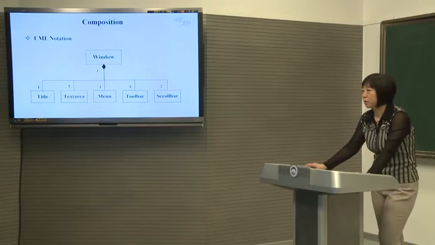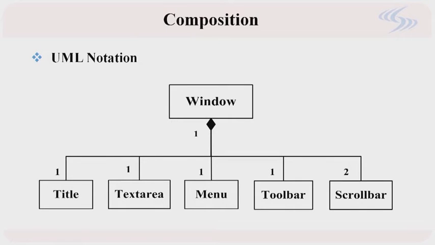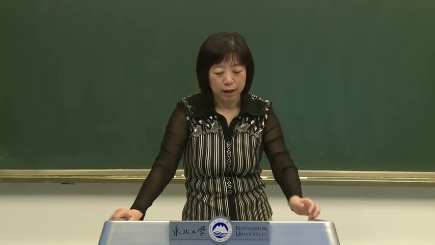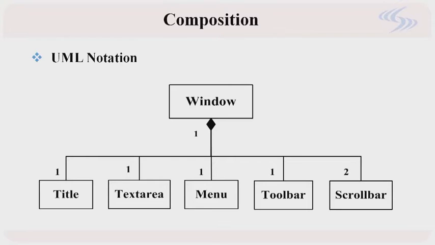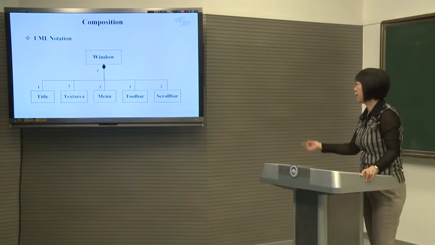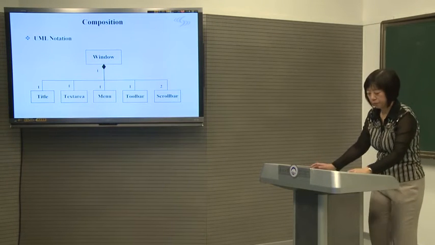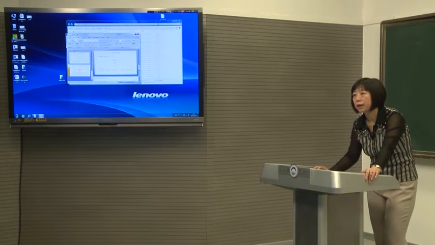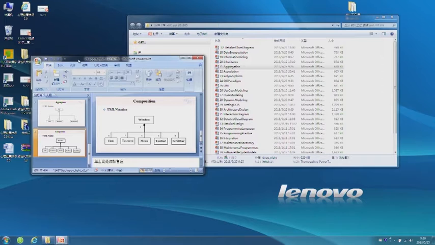Next example. Window. This window is not the window of our classroom. The window means the window in our Windows operating system. And surely now the PPT that we are looking at is a window. So how is it composed? Surely a window is an object, and it can be abstracted as a class. It's a window, right? And we can see that there are more than one window on the Windows system.